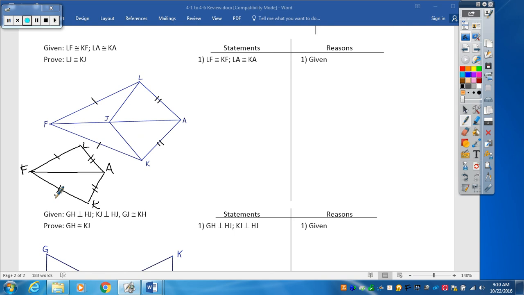As I look at those two triangles, I hope it was pretty simple to recognize that AF was congruent to itself by the reflexive property.